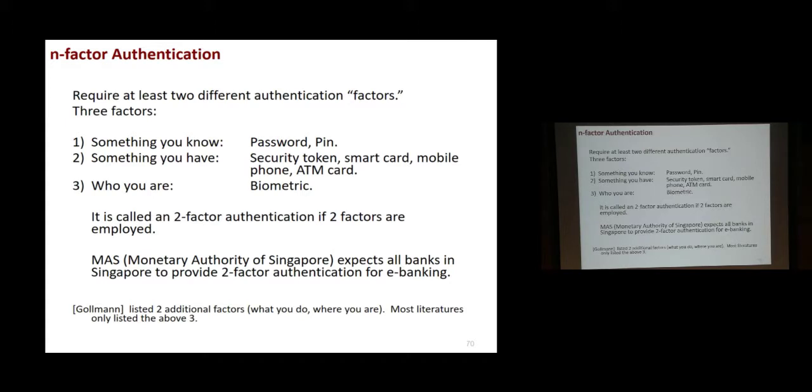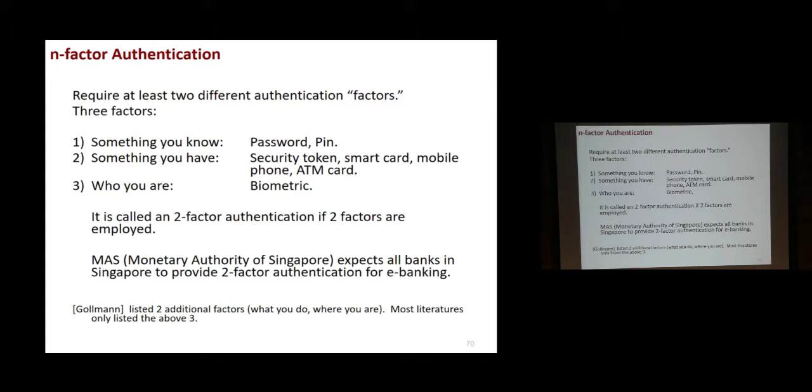And what is two-factor authentication? Two-factor authentication means that to get authenticated, the entity needs to present at least two of these three. So the smartphone is not two-factor authentication, because to unlock it I present this or this or that.